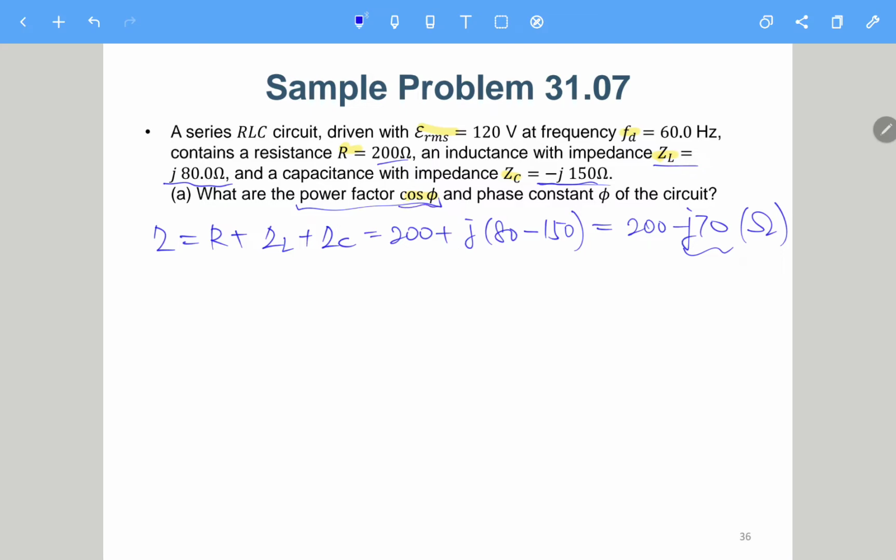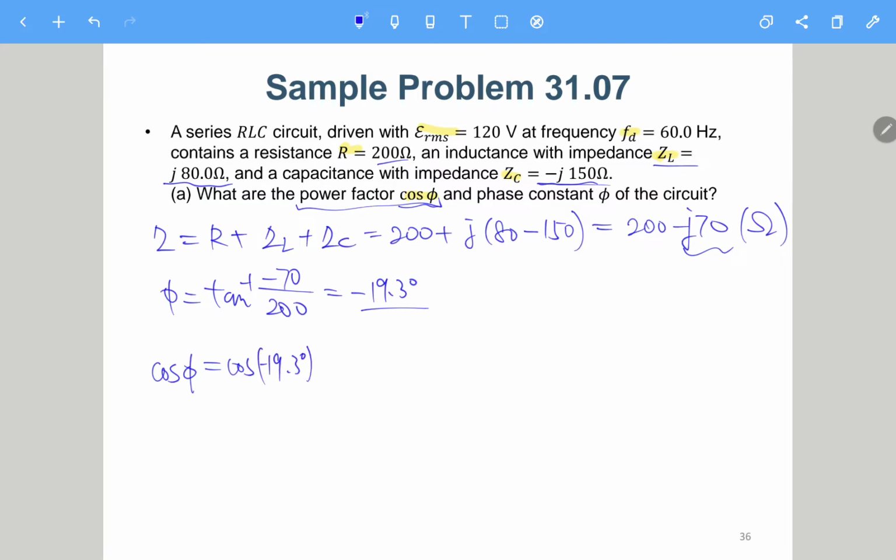Okay, so for the power factor, it is actually phi equals arctangent of negative 70 over 200. So this number is negative 19.3 degrees. This is the phase, not the power factor yet. The power factor is cosine of phi, which is cosine of negative 19.3 degrees.